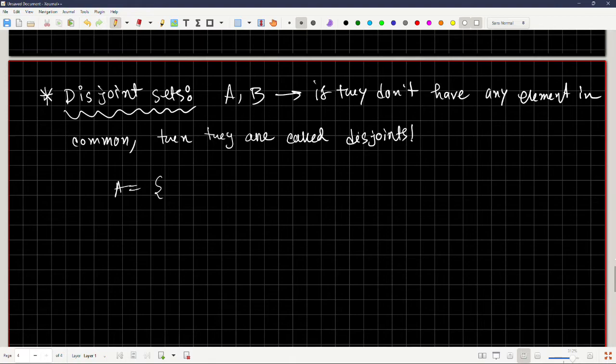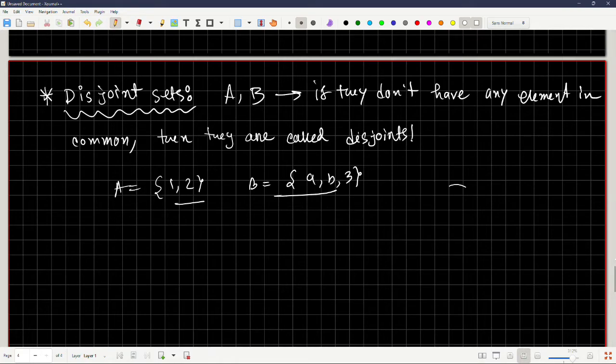One simple example can be something like this: A is 1 and 2, B can be a, b, 3. As you can see, there is no element in common between these two sets, so we call them disjoint.